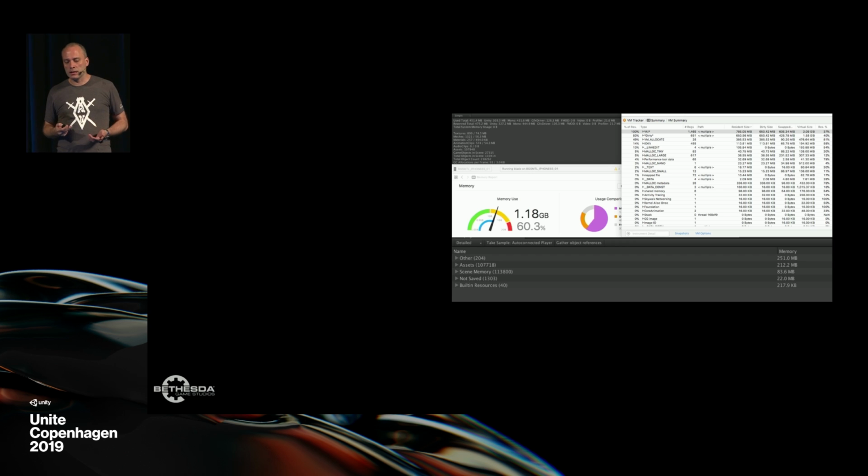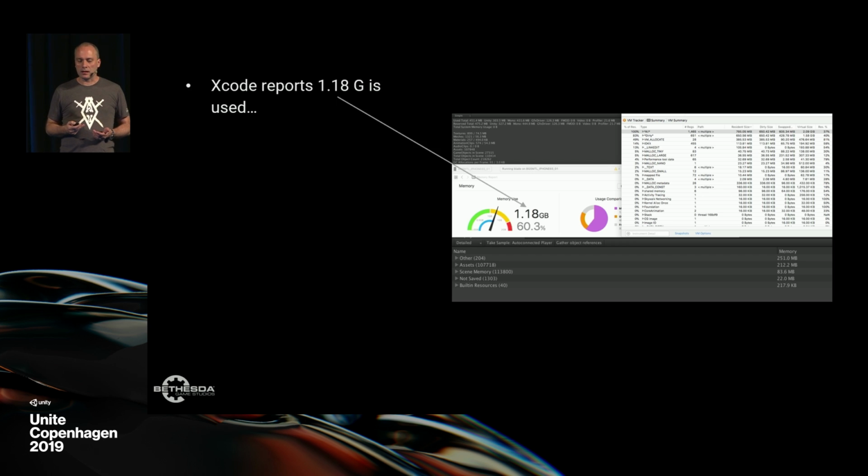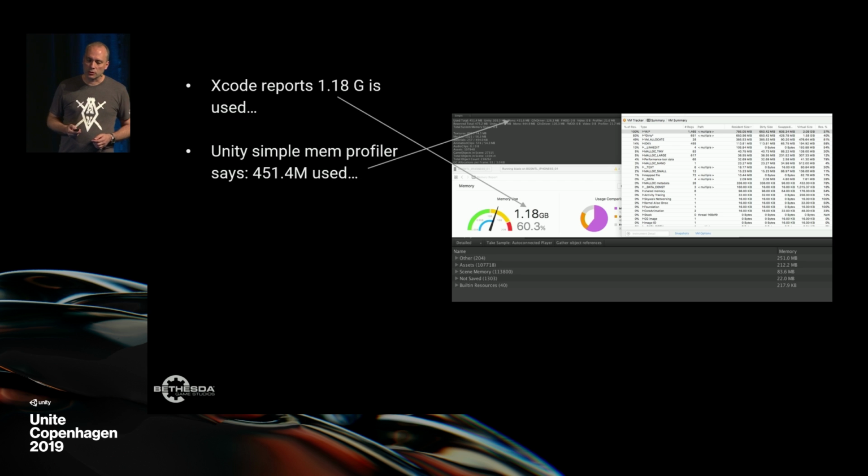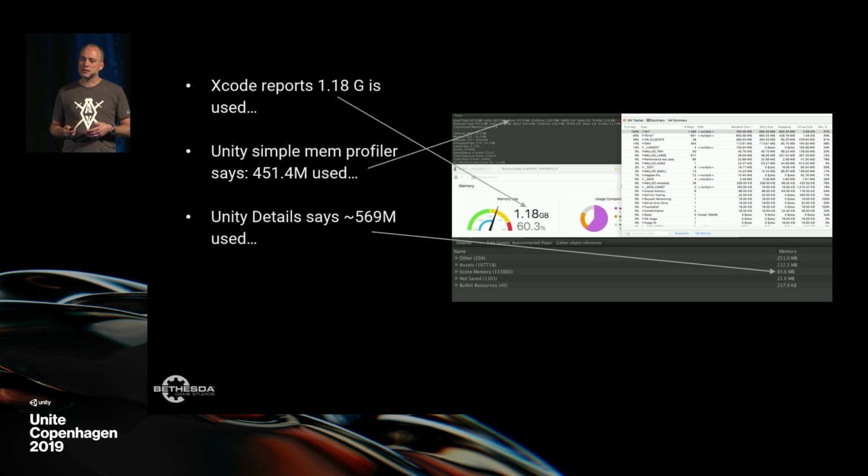If we run it and check the Xcode widget, it shows that we're using about 1.18 gig of memory. If we check Unity's simple memory profiler, it reports only 450 meg of memory. If we summarize everything reported by the detailed Unity memory profiler, it is more than that, about 560 meg of memory.